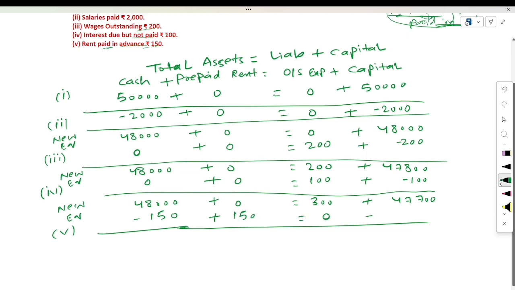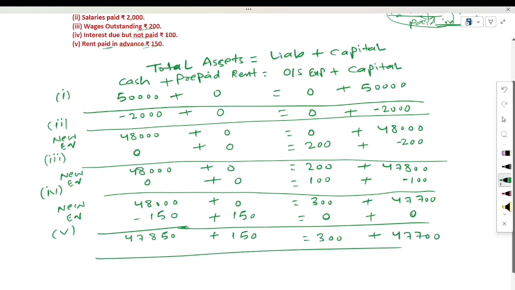Outstanding expense, there will be no impact. Capital also, no impact. So the values will be 47,850 plus 150 is equal to 300 plus 47,700. This is your new equation.